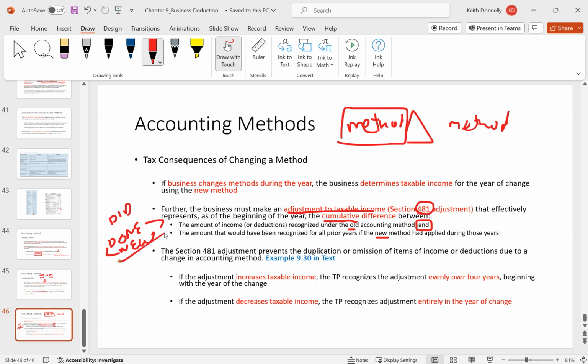And basically, whenever you do that, one of two things can happen. It's going to produce an adjustment, right? This 481 adjustment. If that adjustment increases taxable income, then you'll recognize it evenly over 4 years, beginning in the year of change. If it decreases taxable income, then you recognize it entirely in the year of change.